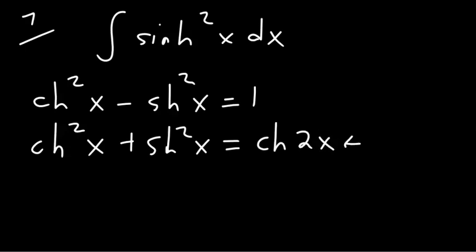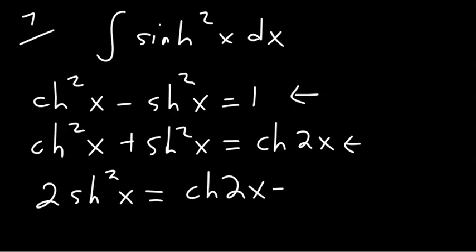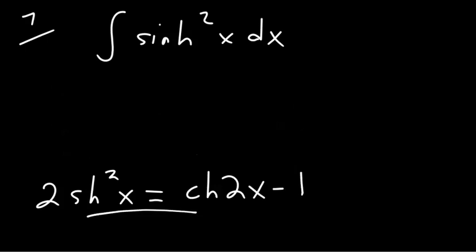You see, when you take this equation minus that equation, you will get 2 hyperbolic sine squared x equals hyperbolic cosine of 2x minus 1. So this identity enables us to write that integral in the following manner.